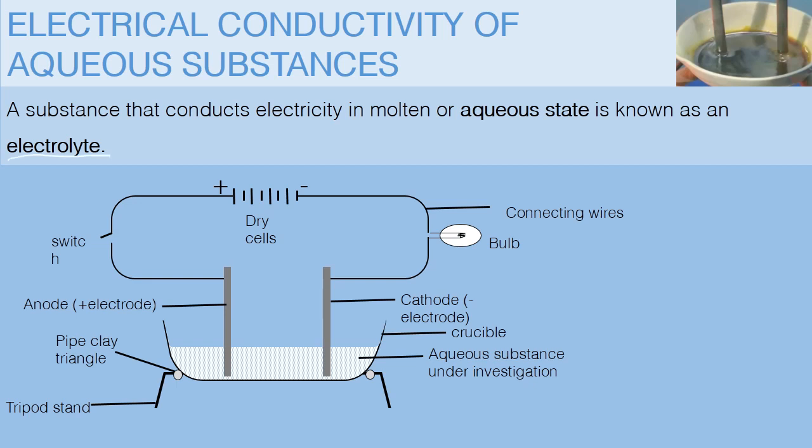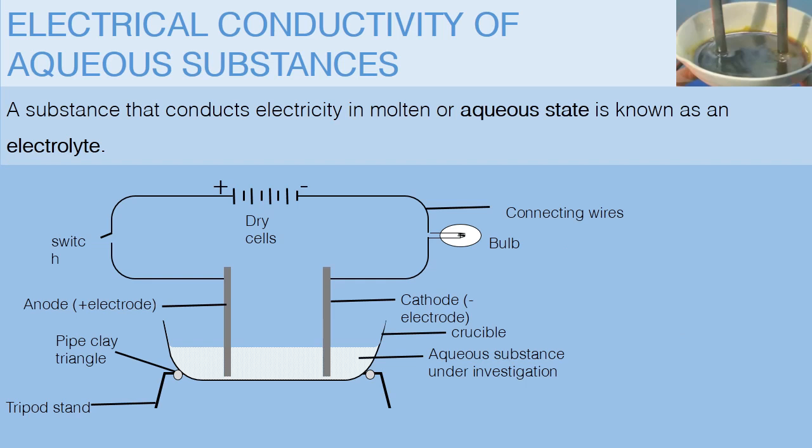In this case, the aqueous substance under investigation is the electrolyte if it conducts electricity. But if a substance in molten or aqueous state does not conduct electricity, then it is known as a non-electrolyte. So far so good. I hope we are together.